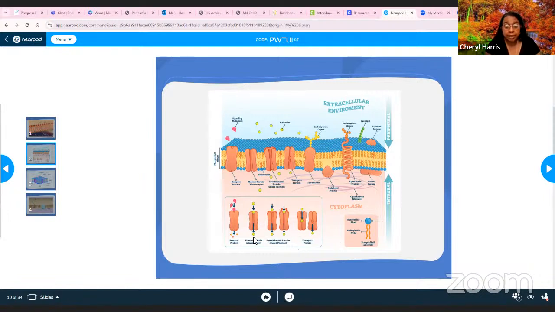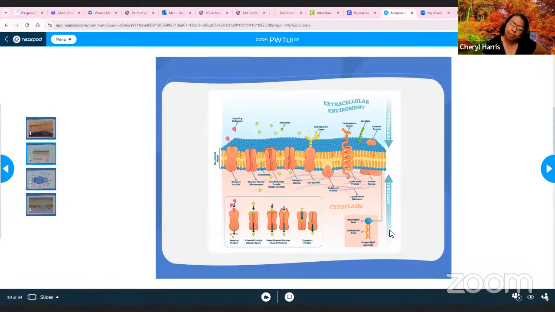Okay. So those are our transport proteins. There's a channel protein, and the ones that actually open and close, the carrier proteins. So that's what we're looking at here. Several of the pictures show you how the molecules fit on these carrier proteins and are able to be brought inside the cell.